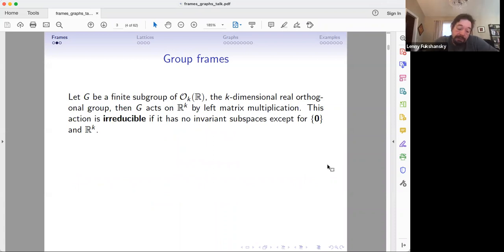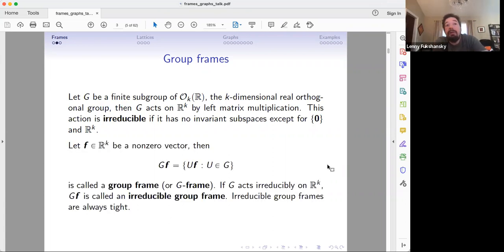Okay, so there is a notion of group frames. If G is a finite subgroup of the group of orthogonal k by k real matrices, then G acts on the space R^k by left multiplication. We say that this action is irreducible if there are no non-trivial invariant subspaces, only zero and the full space. It turns out that irreducible group action leads to nice tight frames.